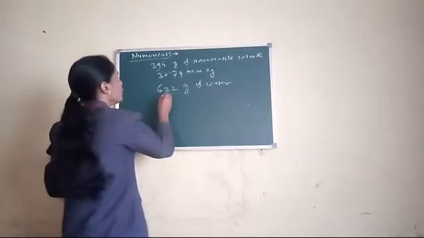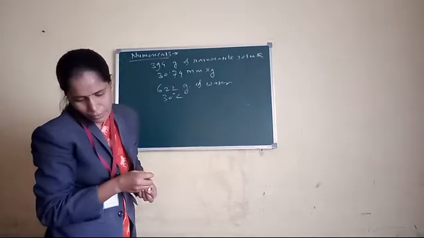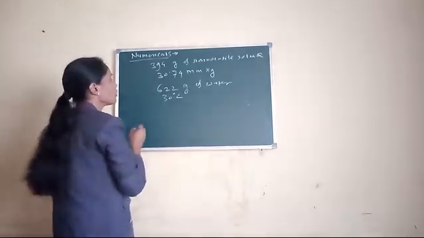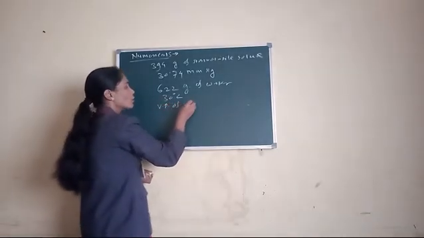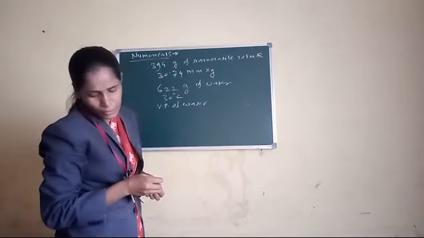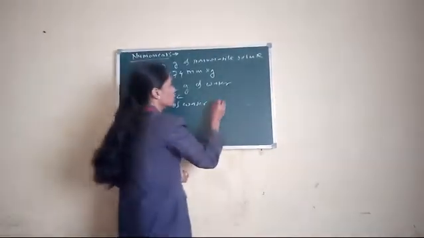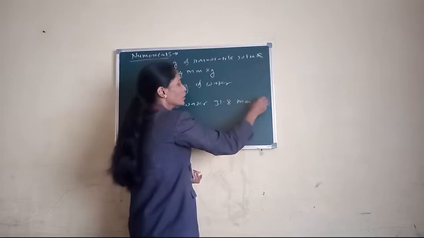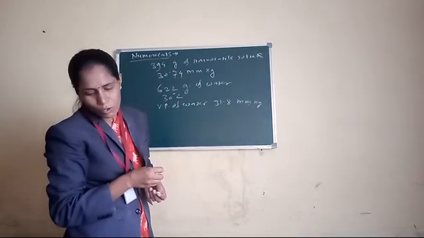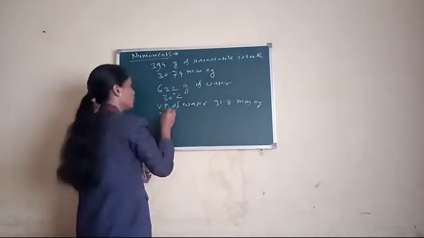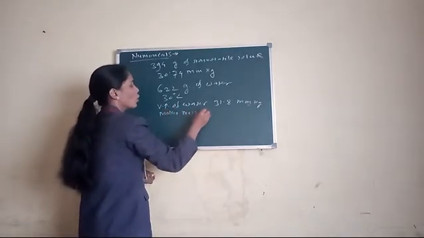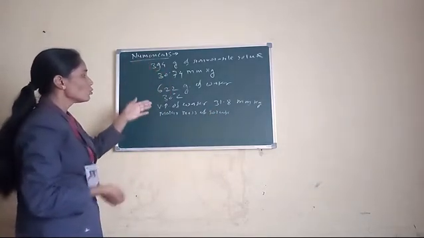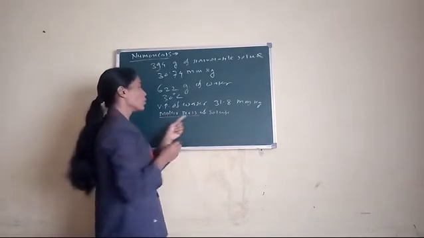Then at 30 degree Celsius temperature, if the vapor pressure of water at 30 degree Celsius is 31.8 mmHg, then what is the molar mass of solute? This is the given data to calculate the molar mass of solute.